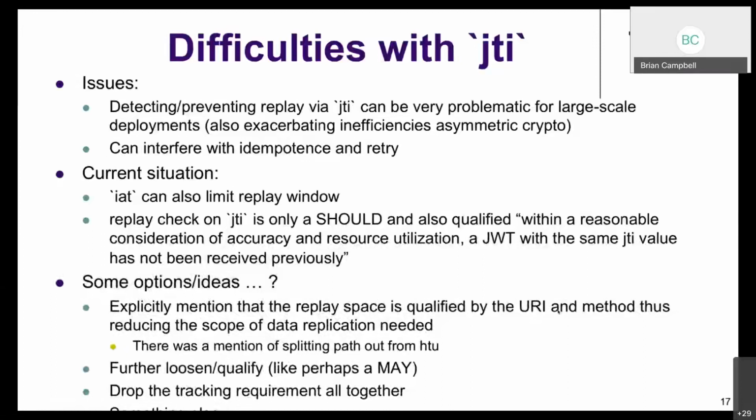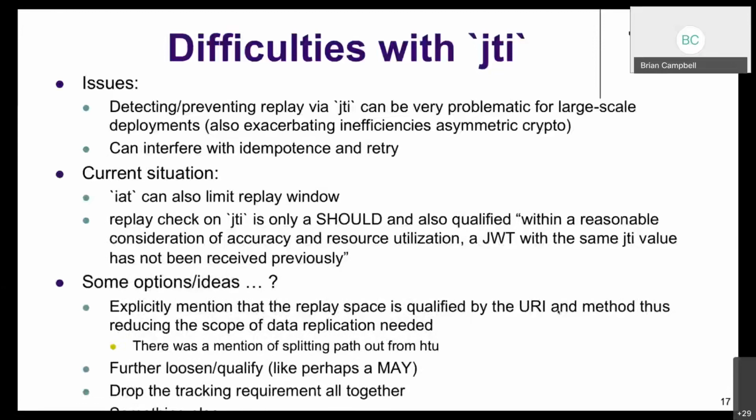That's intentionally put in there to allow for large scale deployments to not have a hard must that JTI replay has to be prevented all the time, but more of a should with consideration for the rest of your deployment. It still seems to be considered a problem, so some options around this.